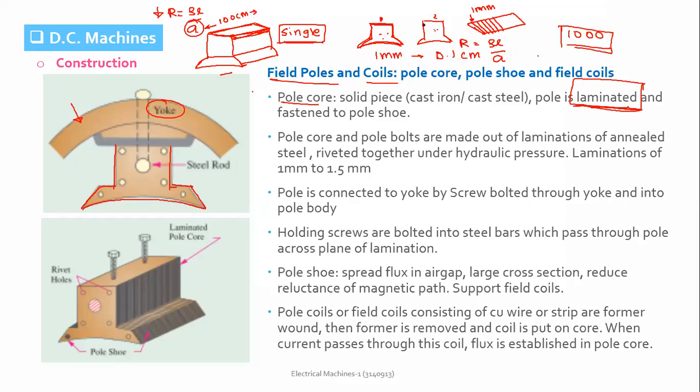And the cross-sectional area of each lamination is quite less, so the resistance of this piece will be quite large. Just imagine the resistance of a 100 centimeter thick single solid piece and the resistance of a 1 mm thin lamination. Obviously, this resistance will be higher, and as the resistance of the core lamination is higher, it will reduce eddy current loss.